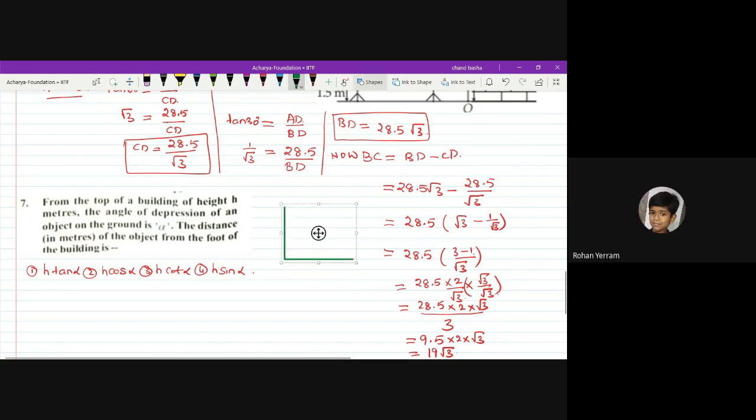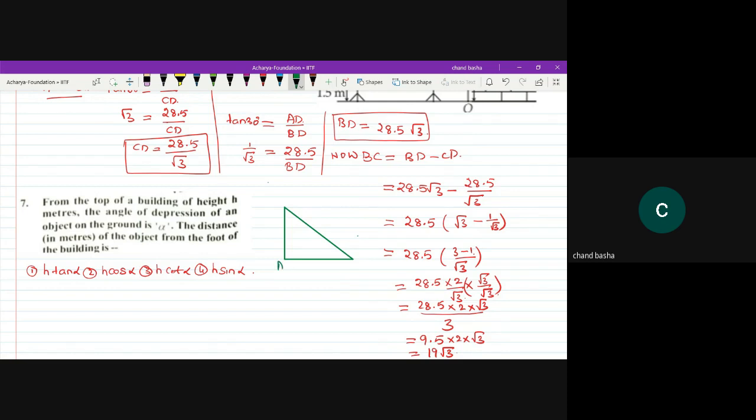Let's have the figure. H cot alpha, sir? You are getting h cot alpha. Okay. Let's see the figure and we'll try to discuss.